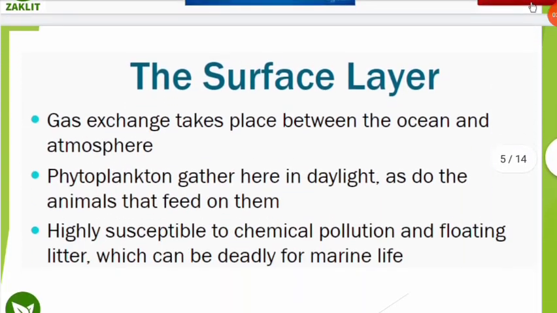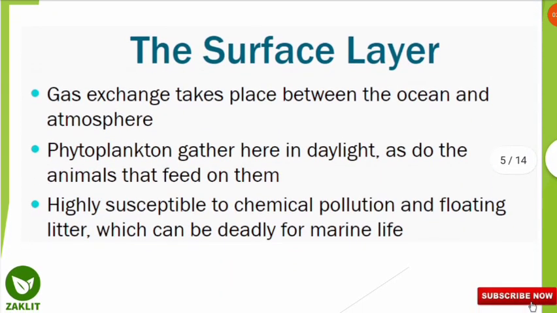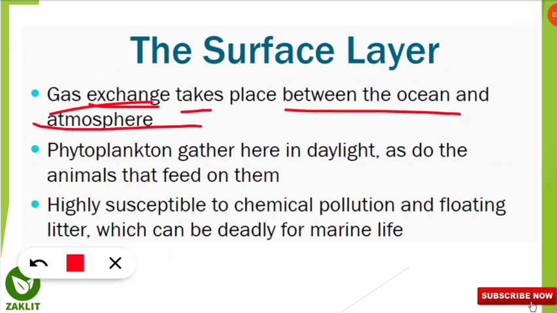थोड़ा और जान लेते हैं surface layer के बारे में. The next point about the surface layer is that gas exchange, which is very, very important, takes place between the ocean and the atmosphere. So इसमें से सबसे important क्या है? Oxygen is dissolved in this surface layer so that other organisms are able to take that oxygen and respire. The next point is that phytoplankton gather here in daylight.